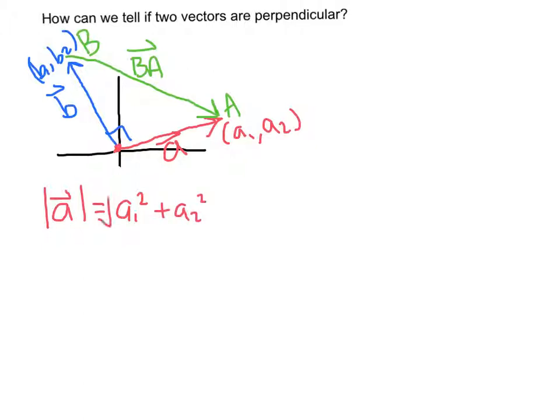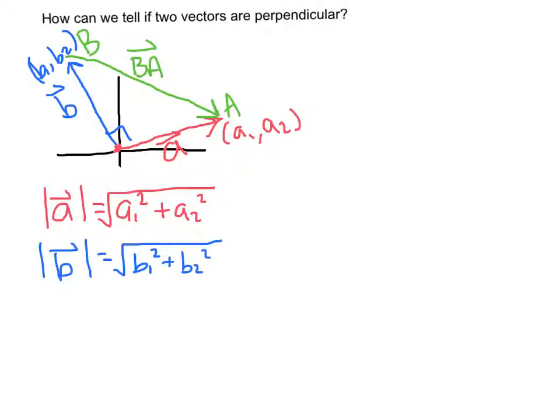We're basically just doing the Pythagorean theorem to find the distance of this red vector. Then we need the magnitude of B. Remember, magnitude is synonymous with length, so we're finding the length of these vectors of the triangle. The magnitude of B is going to be the square root of B1 squared plus B2 squared.